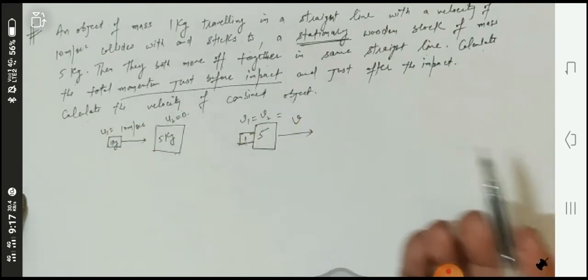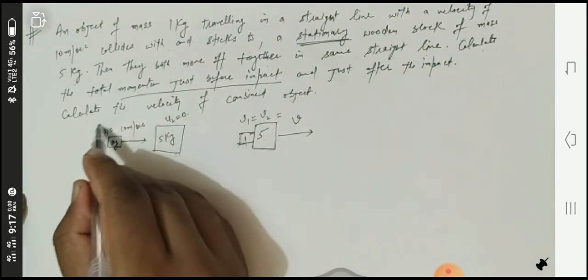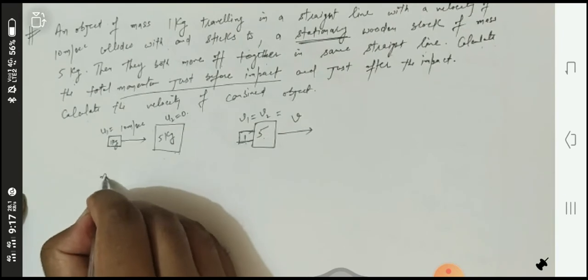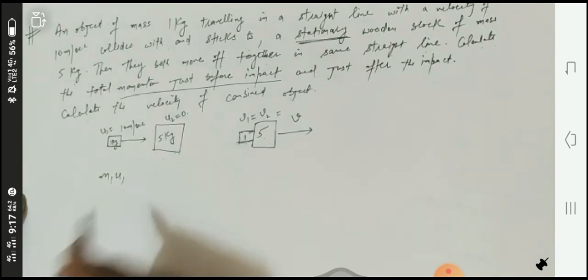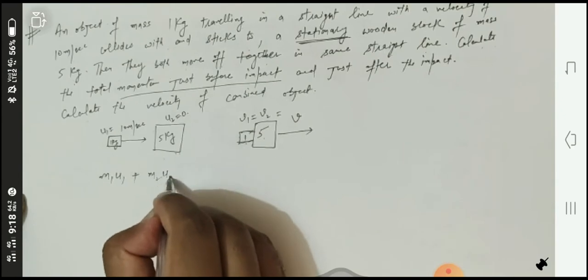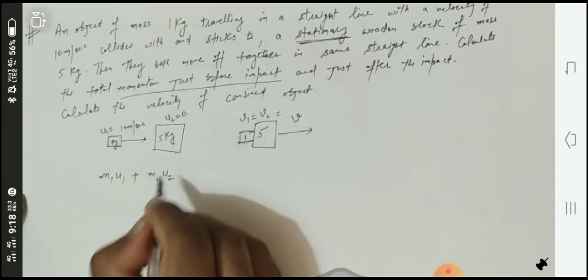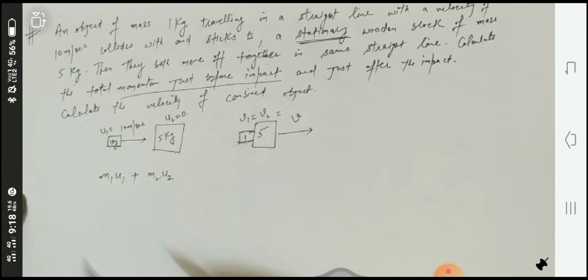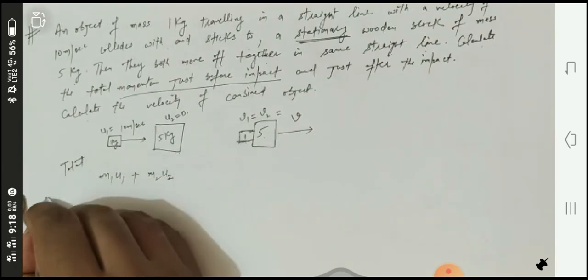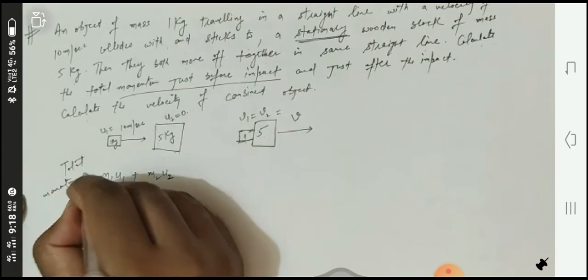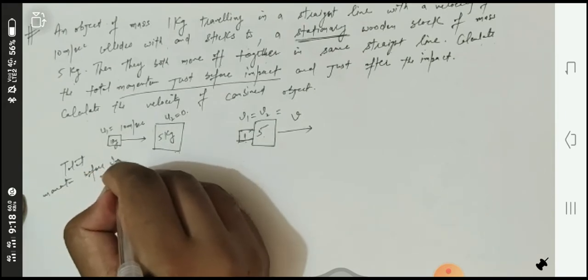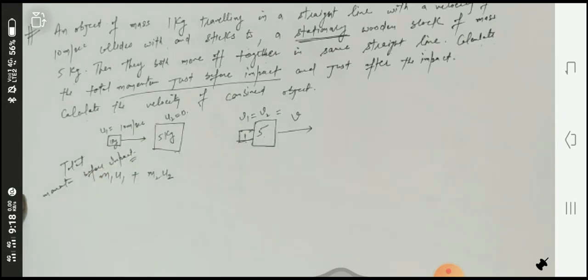Total momentum before impact is mass times initial velocity plus mass times initial velocity of the second object. So the total momentum before impact, means before collision, is m1u1 plus m2u2 according to the law of conservation of momentum. Now put the values.